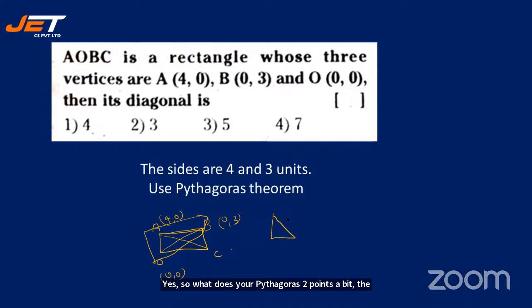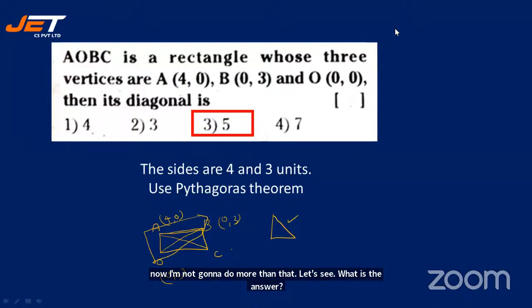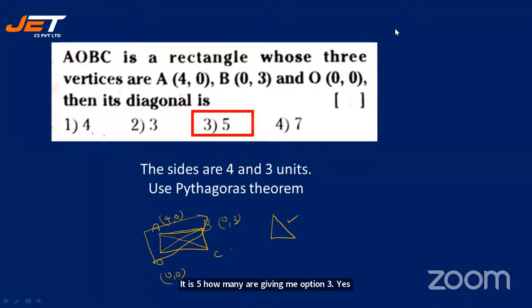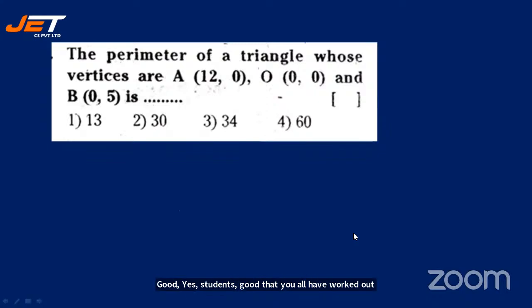You add up these two to get the hypotenuse, isn't it? Now I'm not going to do more than that. Let's see. What is the answer? It is 5. How many are giving me option 3? Yes, almost all are giving me the same answers. Good that you all have worked out and giving me the right answer. Let's move on to the next question.